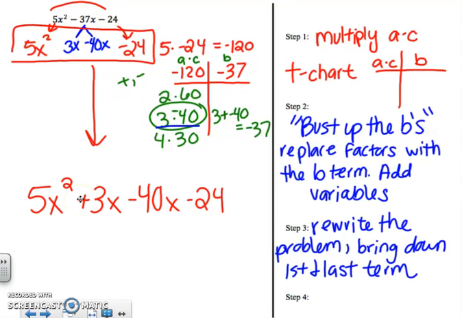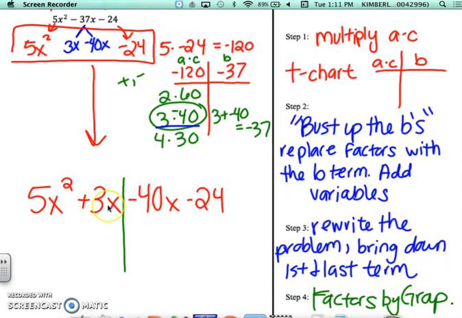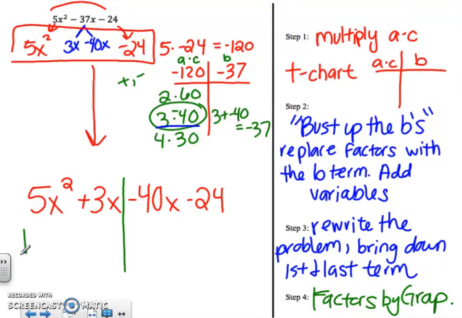So you guessed it, step 4 is going to be factor by grouping, which you guys are rock stars at. When you factor by grouping, draw a line down the middle. You're going to find the GCF of these first two terms. A 5 and a 3 have got nothing in common besides a 1.